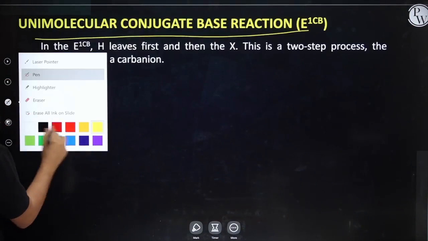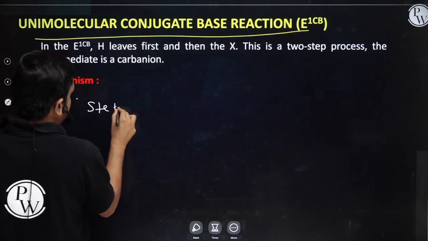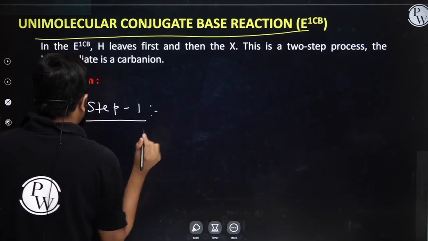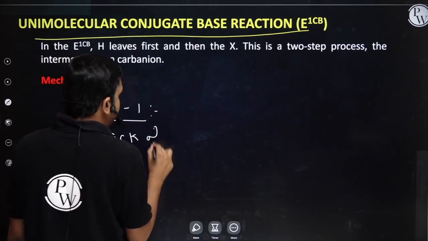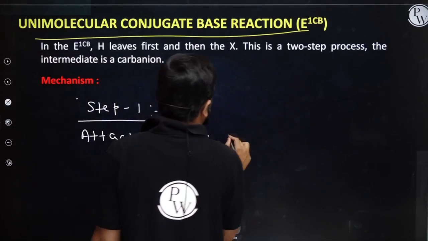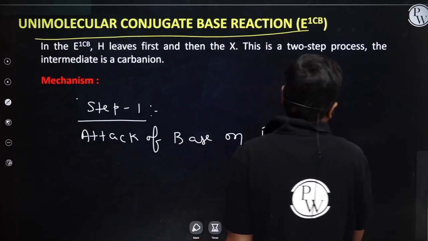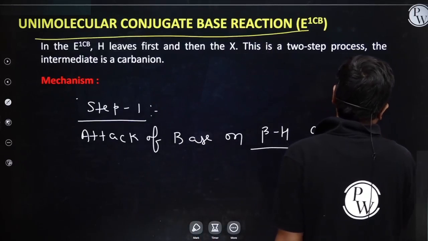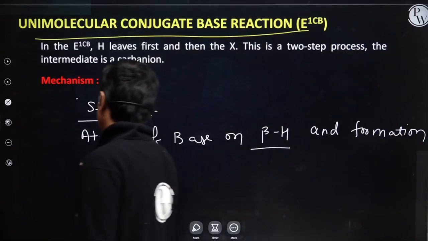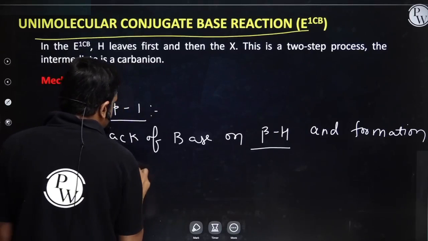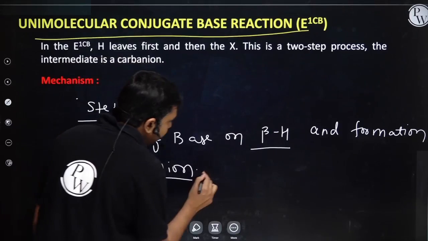Two-step process. Step one: attack of base on beta hydrogen and formation of carbanion. Am I clear?